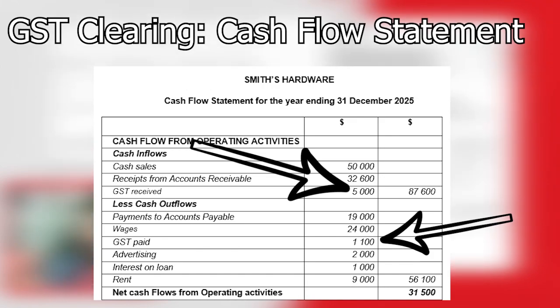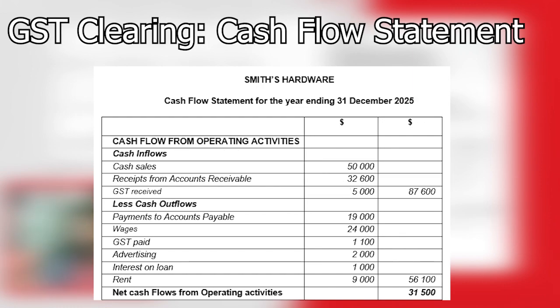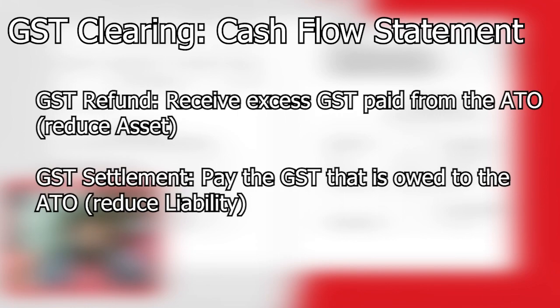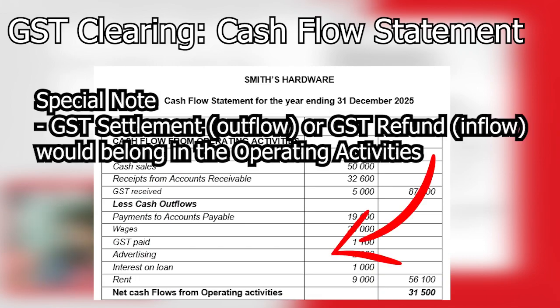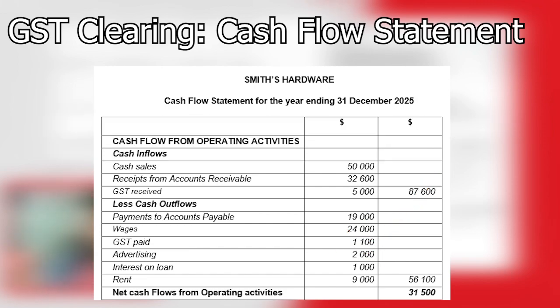On top of that, in the event there is a GST refund or a GST settlement where you settle your account, they would also go in the operations area. But we will cover that in a future period. And then your cash flow statement will proceed as normal for Smith's Hardware.